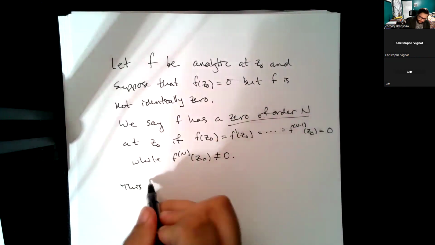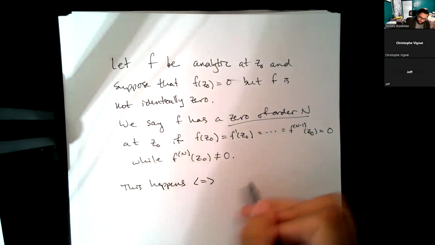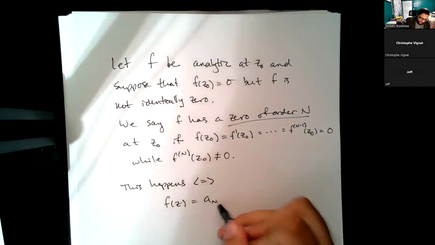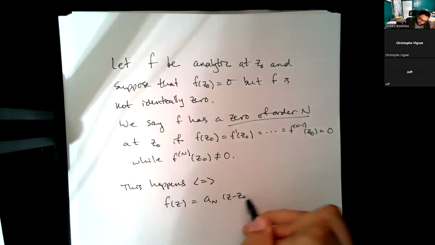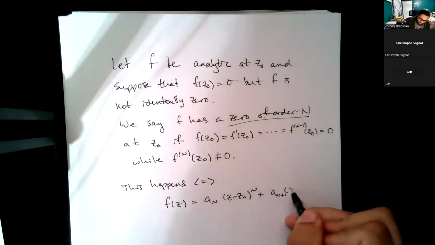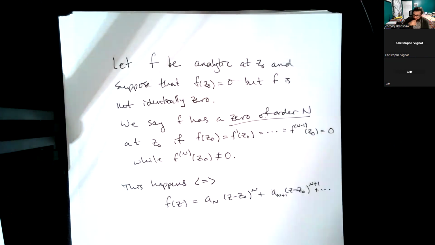But this happens if and only if f of z can be written as a_n (z minus z0) to the n plus a_(n+1) (z minus z0) to the n plus 1, and so on, right?